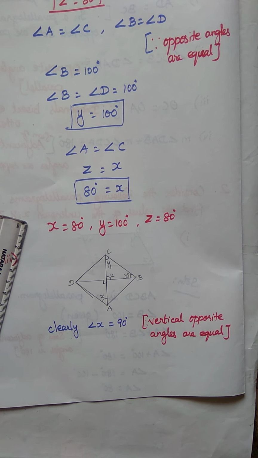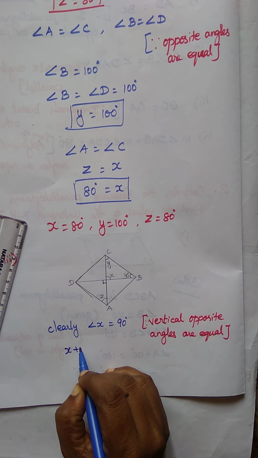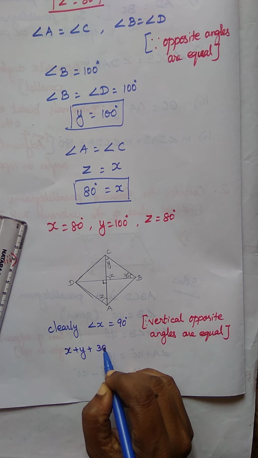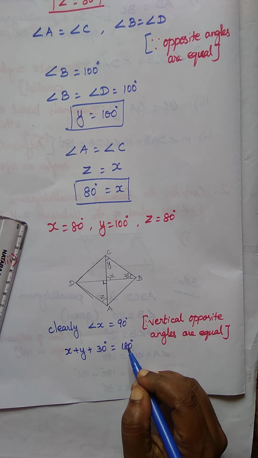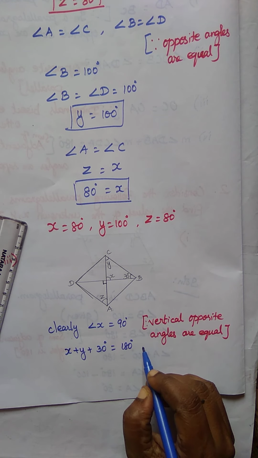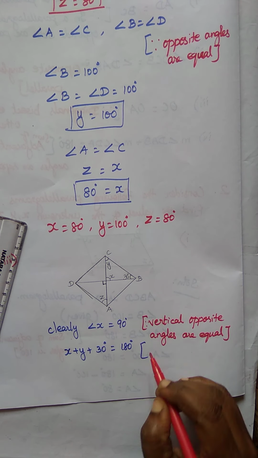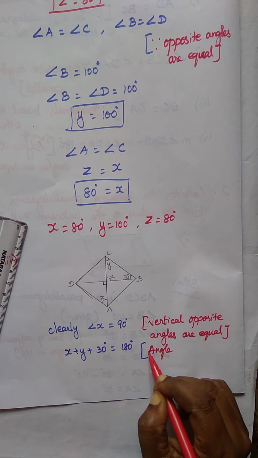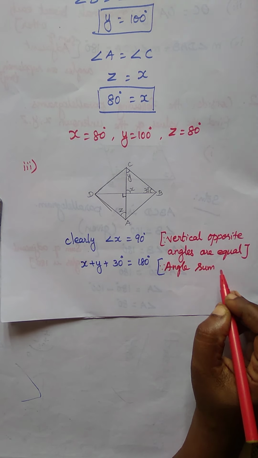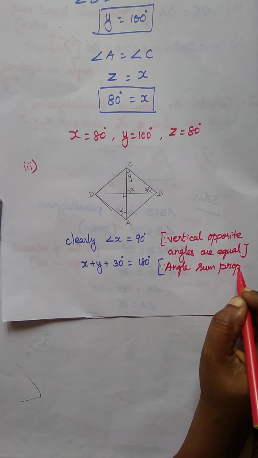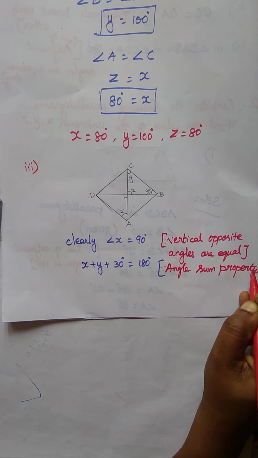So I am writing X plus Y plus 30 degrees is equal to 180 degrees. The reason is angle sum property.